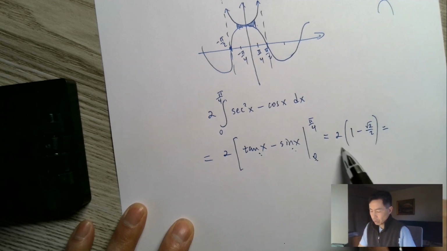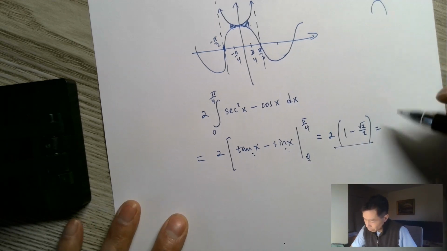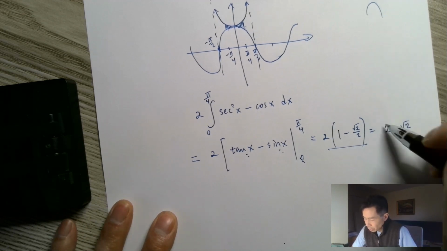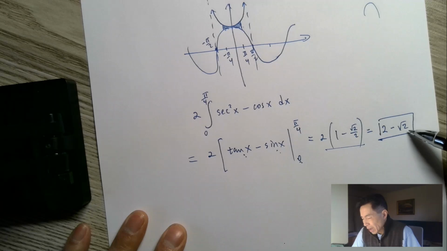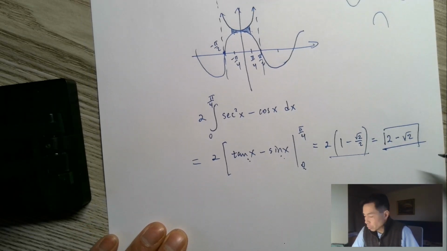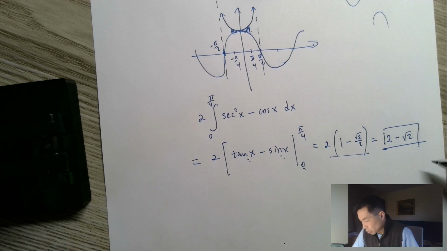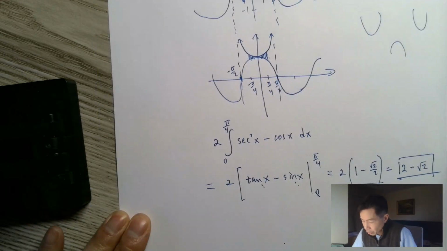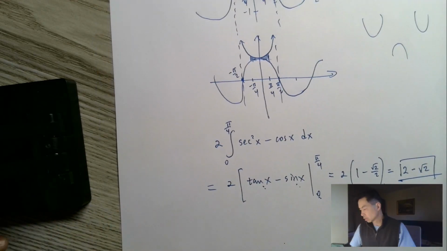All I have to do is this: 2 minus rad 2, and that is it. Rad 2 is about 1.4, so 2 minus 1.4, so we got an area of about 0.6, which makes sense because that is small. So I would expect a small area.